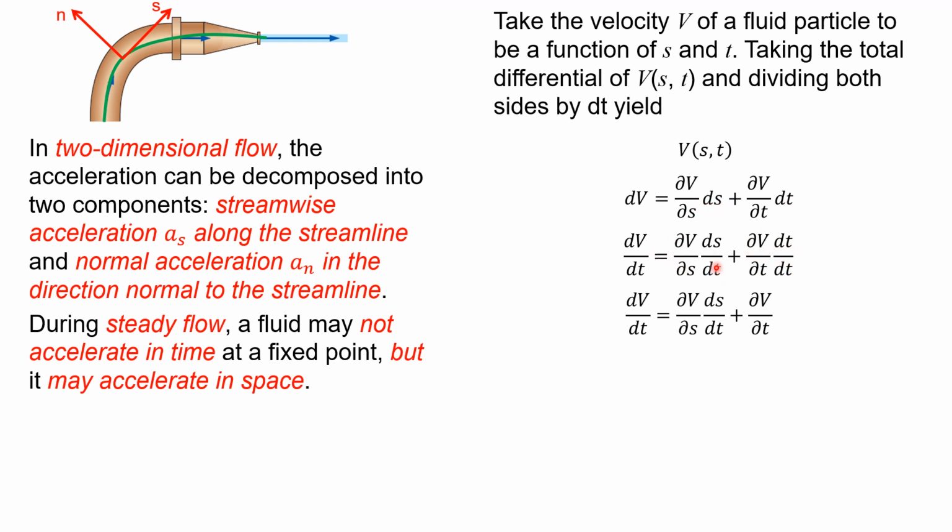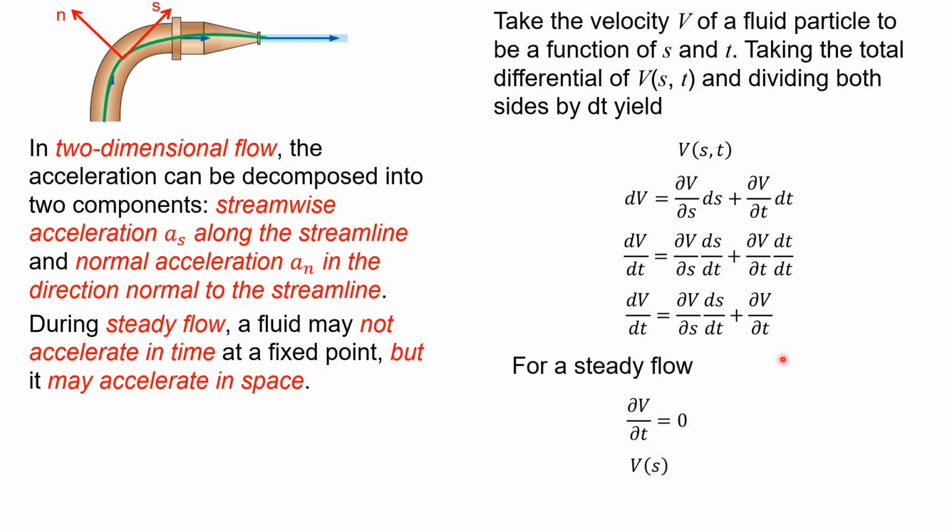So dt over dt, you will get 1. At the end, you will get this formula. No need to cancel this side, you only cancel the right-hand side. So after some time, you will get this value. dv over dt, we know, is the acceleration.